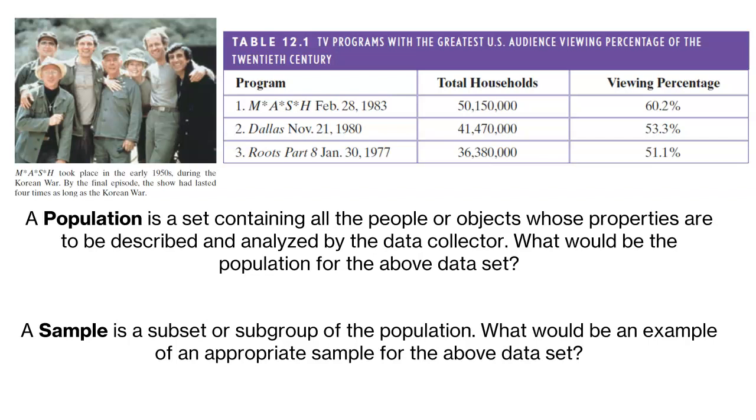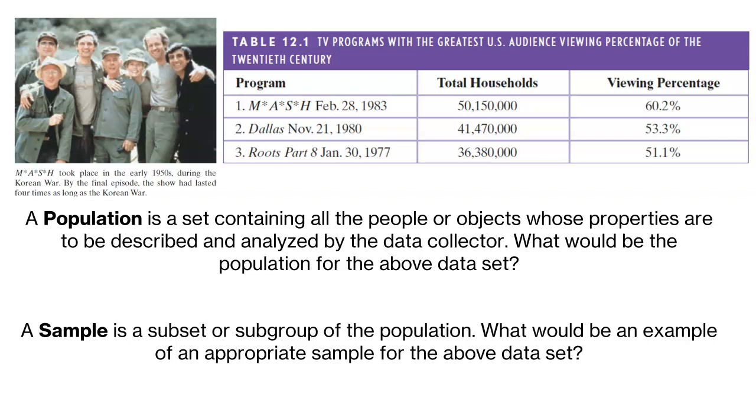So in order to find this information, we use a sample, a subset or a subgroup, a smaller portion of that population, and we ask those people, do you watch this show? Much easier to gather information from, say, 10,000 households versus 70 million households.